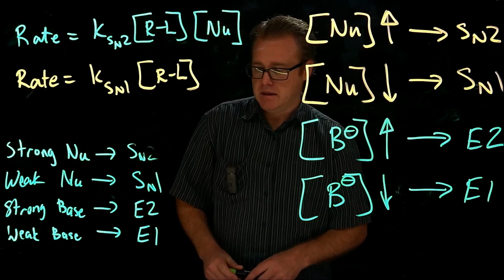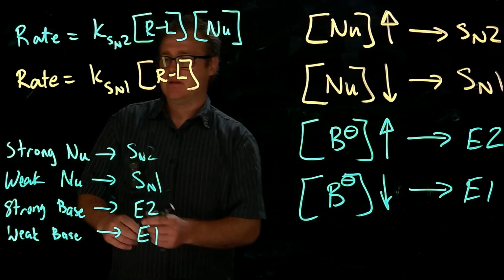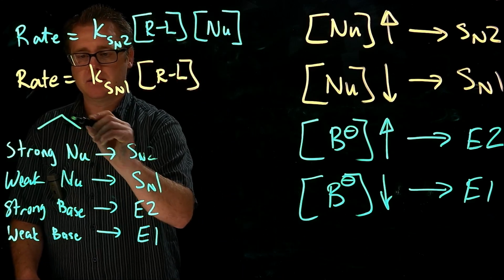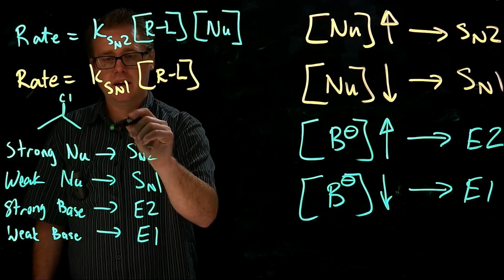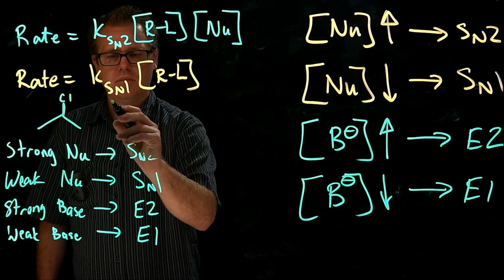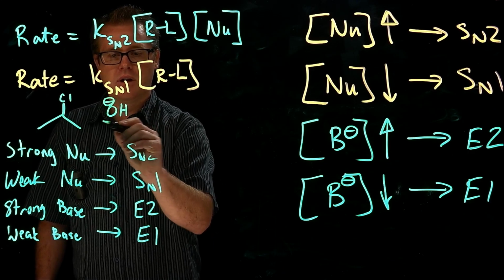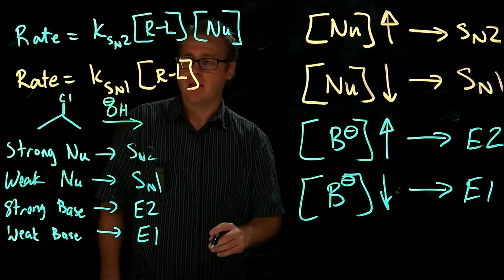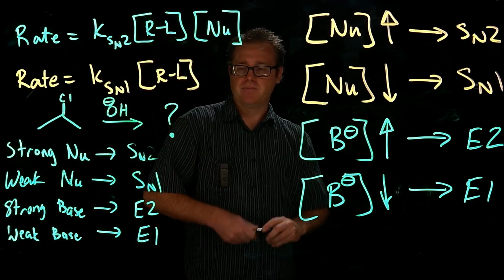Okay? So when you see a reaction, let's do something like this. And we have hydroxide like this, okay? What's our product going to be? Well, it depends on the mechanism.